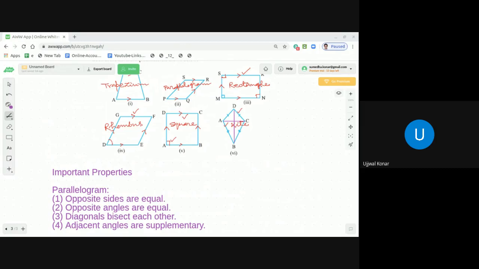The first property is that a square is a rectangle and also a rhombus. A parallelogram is a trapezium. A kite is not a parallelogram.